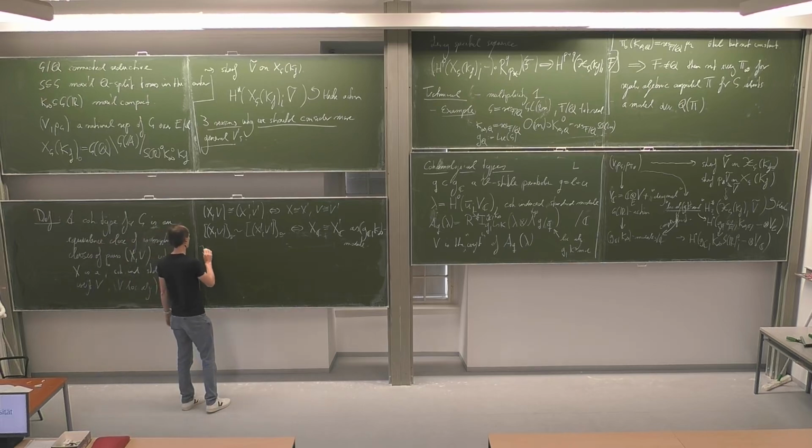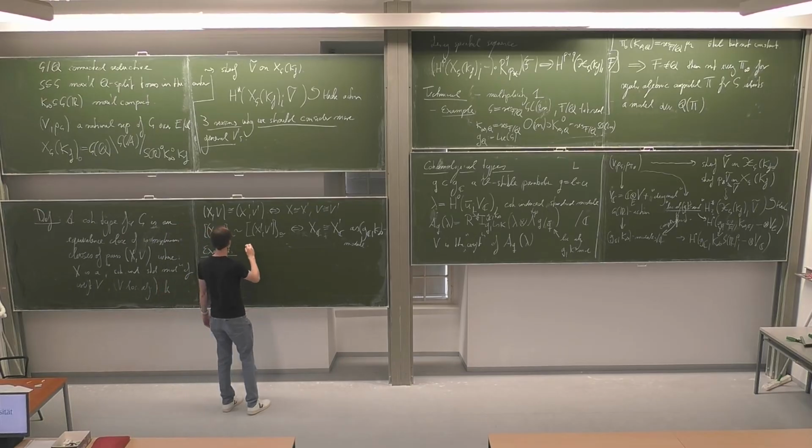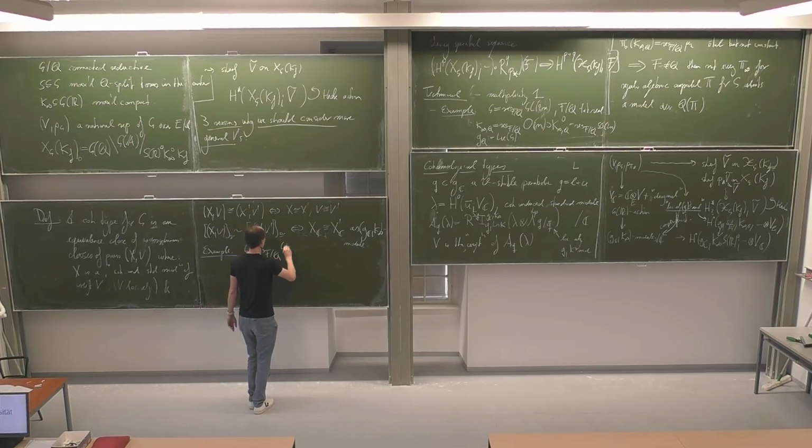So let's make an example. I start with G again as before, but now I take GL_N over F, totally real.